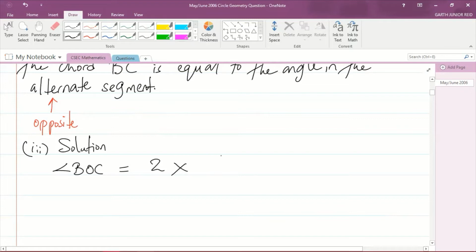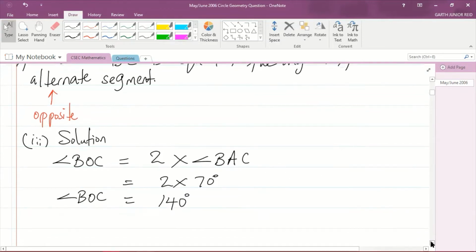The angle at the circumference was the angle BAC, that angle there at A. And this is equal to 2 multiplied by the angle BAC, which was the 70 degrees. This is now equal to 2 times 70 degrees, which is 140 degrees. So the angle BOC equals 140 degrees.